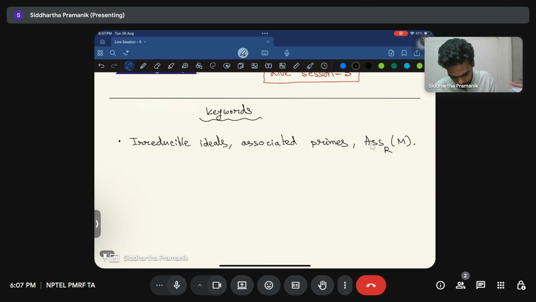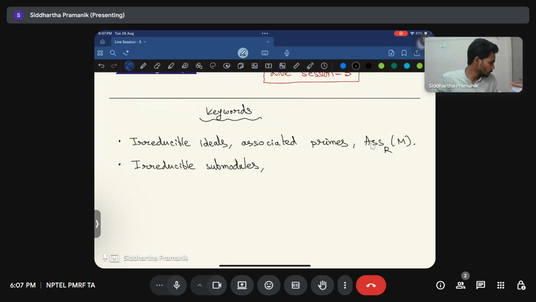Then from irreducible ideals, we have generalized this to irreducible submodules. Then we have defined the notion of primary submodule of a module.